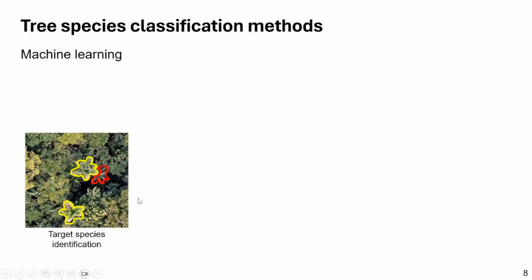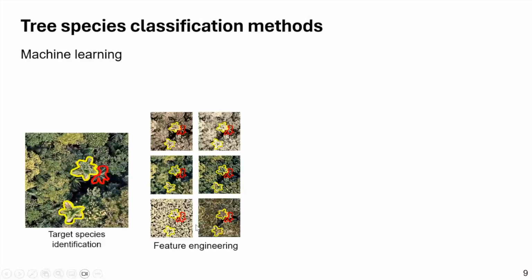And once we have identified the target species, we can now perform a set of feature engineering to extract the main characteristics of the trees.